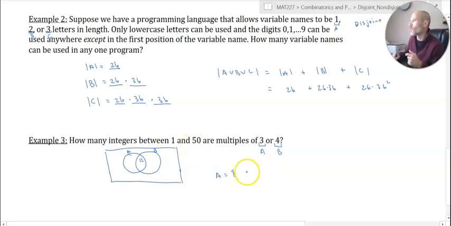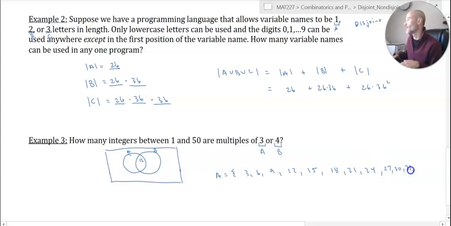Starting at 1, oh, 3, I'm sorry, 1 is not a multiple of 3. It has to be a multiple of 3. So 3, 6, 9, 12, 15, 18, 21, 24, 27, 30, 33, 36, 39, 42, 45, and 48. So those are all the multiples of 3.